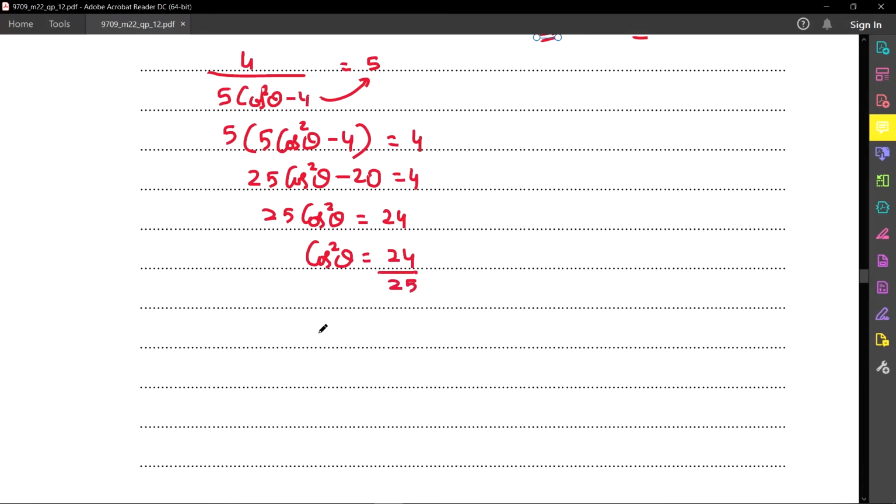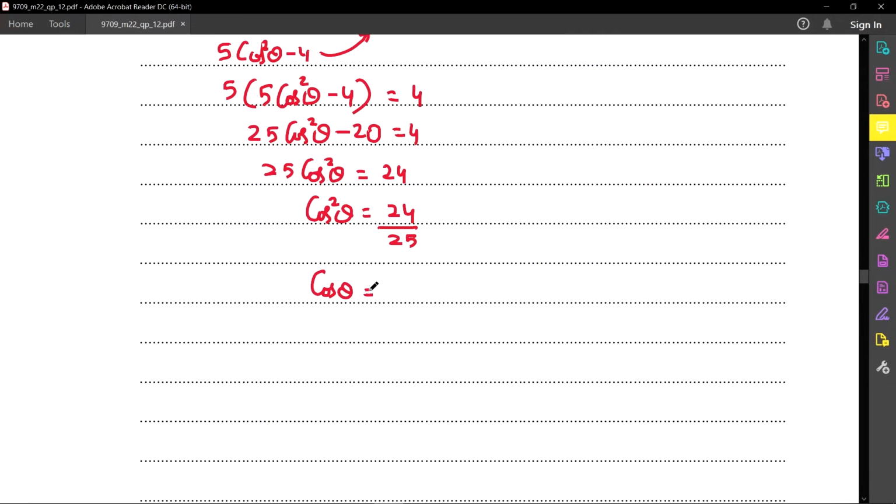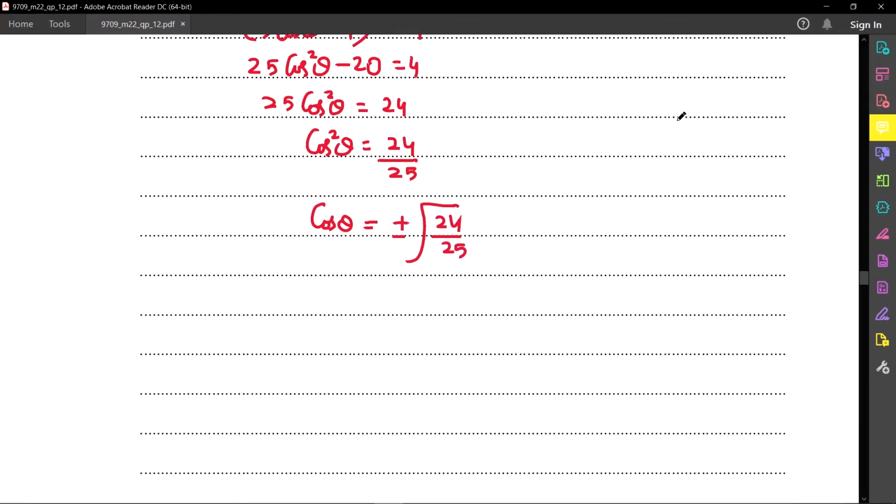And cos theta, please do not forget to put plus or minus root of 24 by 25. So let's draw the diagram for the signs of sine, cos, tan. So here in the first quadrant, all are positive.